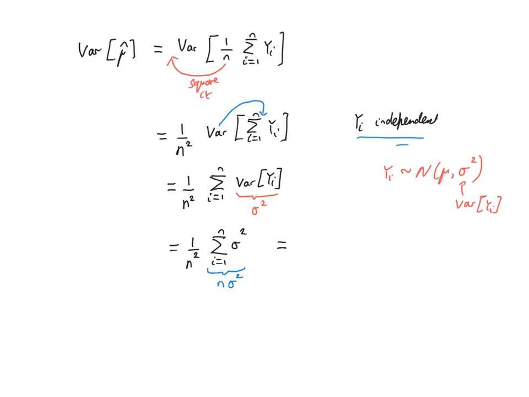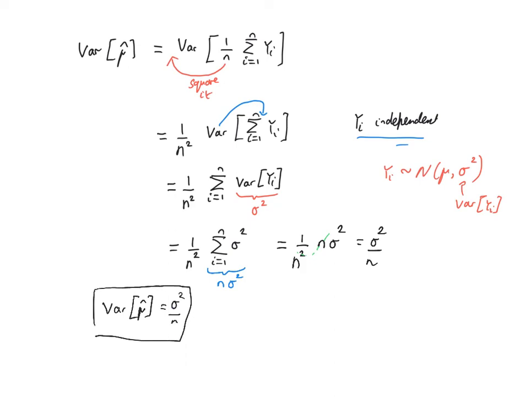So we end up with 1 over n squared times n sigma squared, and the n on the top cancels out with one of those n's on the bottom, giving us sigma squared over n. So the variance of mu hat is sigma squared over n, and that's a very important result for us.